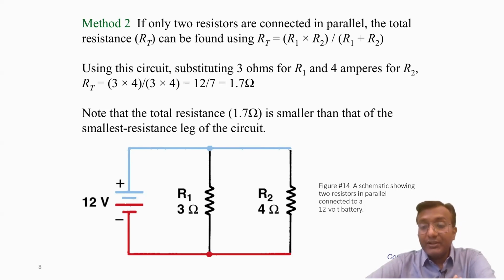If there is a third resistance in the system, this formula has to be modified, or you can simply use the formula 1 upon RT is equal to 1 upon R1 plus 1 upon R2 plus 1 upon Rn, where Rn represents the number of resistances in the system.